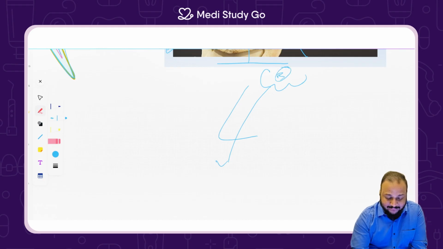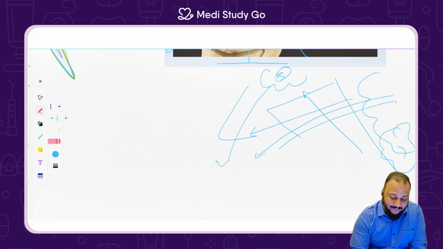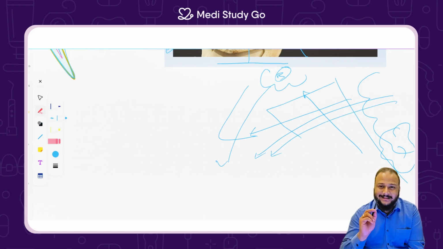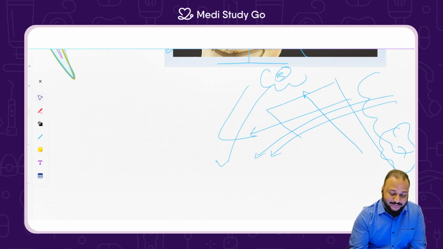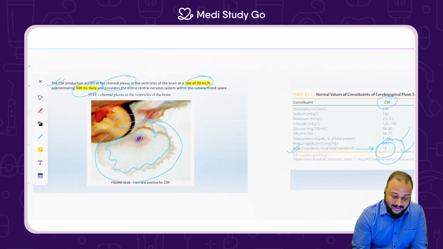But if you elevate the patient at 45 to 60 degrees, this will be the direction of the cranial vault, this will be the direction of the nasal cavity, and all the CSF will pool down posteriorly rather than come down anteriorly. And that is why a 45 to 60 degree head elevation is one of the best conservative techniques.